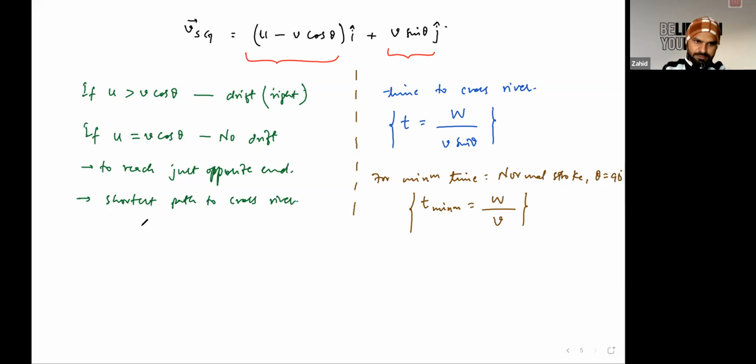In this condition, if you calculate theta, cos theta will be u divided by v, and time in this condition will be w by v times sine theta, or if you simplify it, you'll get w by root of v square minus u square.